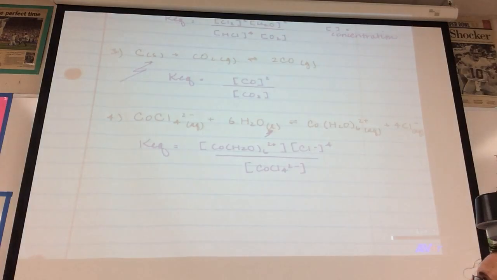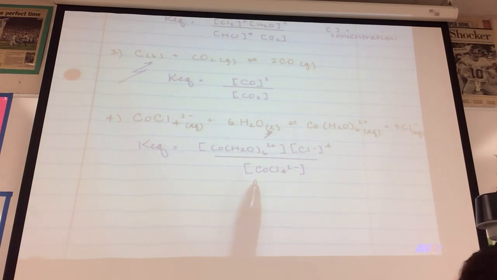And check to see that you've written it correctly, and hopefully you were very meticulous in regard to water in the liquid state. Easy peasy? We have to put the charges? Yes.